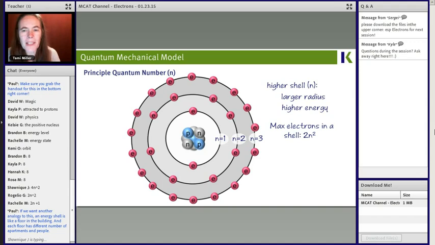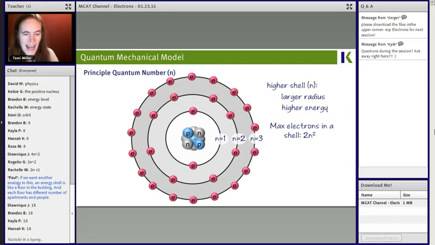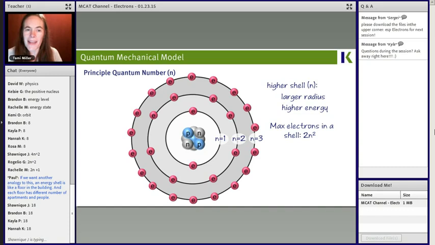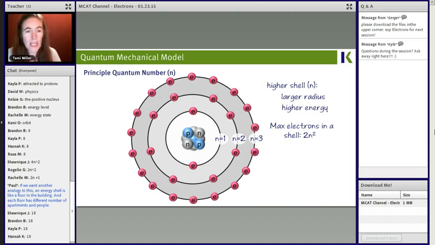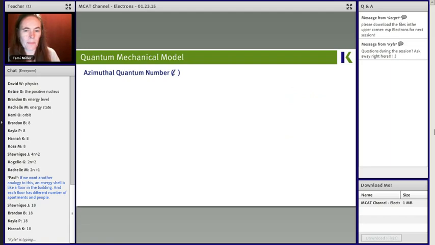But what is our maximum number for our n equals 3 shell? Do that math for me really quickly. Yes, 18. So remember, if we are above the first n, this includes s and p orbitals. If we're even higher up, it can include s, p, and d orbitals. When you guys are thinking 8, you're thinking the rules that we have for the octet. All right, so remember 2n squared.